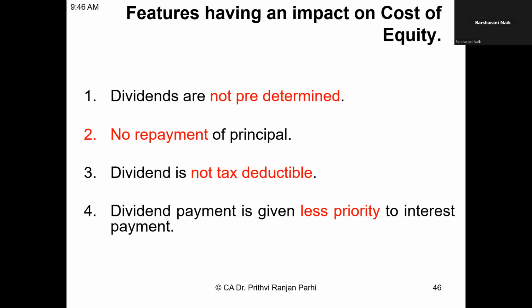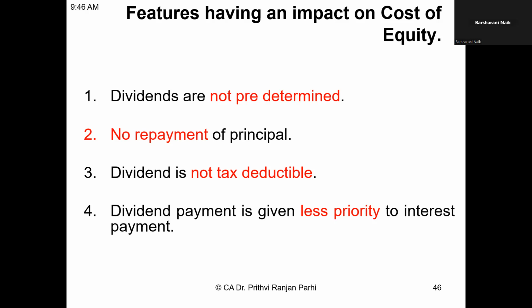Just now we were discussing that when a business takes a debt and pays interest, the interest becomes a tax deductible expenditure, which reduces the income tax. But dividend is not an expenditure. Dividend is a reward to the owners. In fact, equity shareholders, who are they? They are the owners of the business.